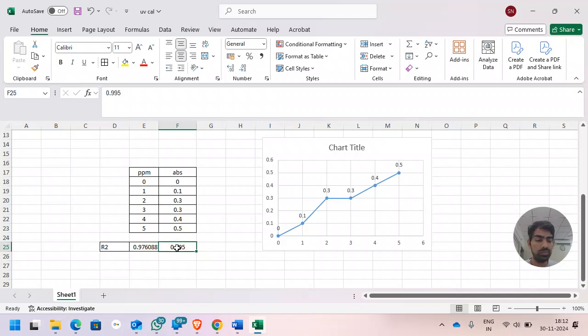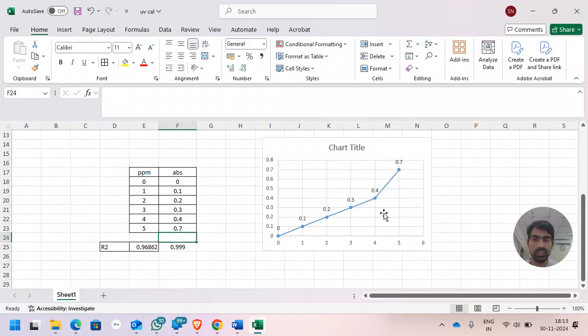It's the minimum value, but better you go at least 0.999. If you do it the better way, the graph comes like this. If you made some mistakes, the graph goes very bad, something like that. Then your values vary. This is not acceptable. So keep that in mind.